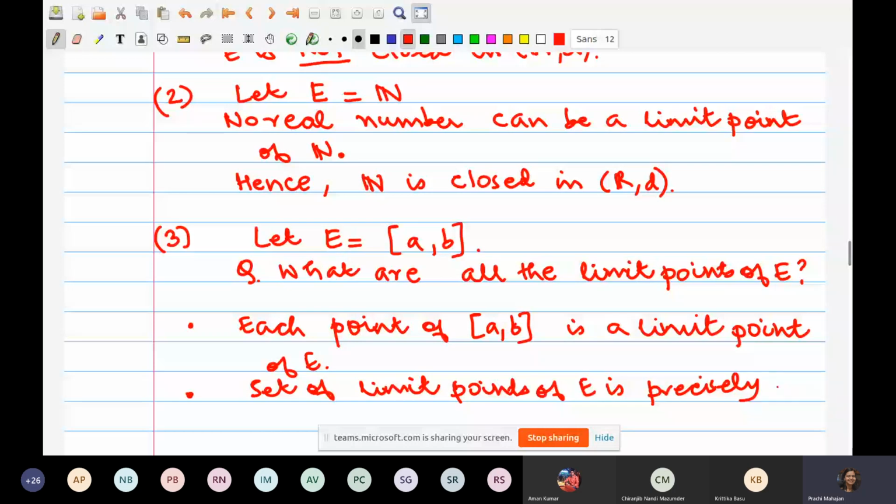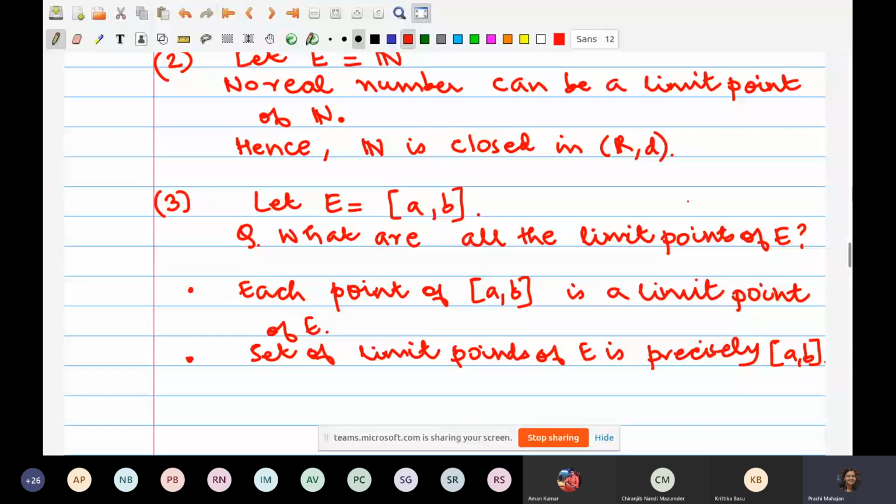The next statement is that no other point, no other real number can be a limit point of the set E. Yeah, so I'll try to give you a hint for the benefit of those who are seeing it for the first time.